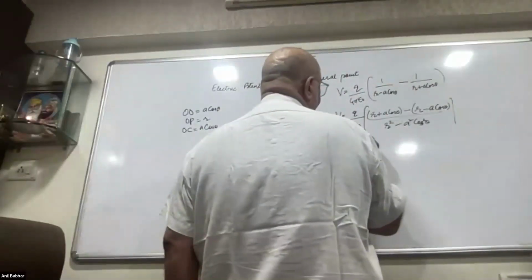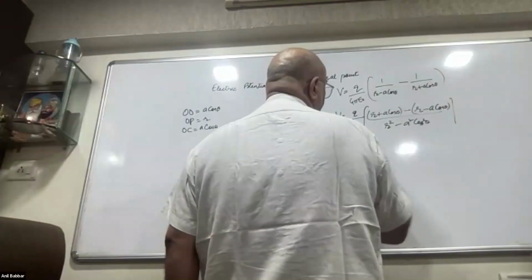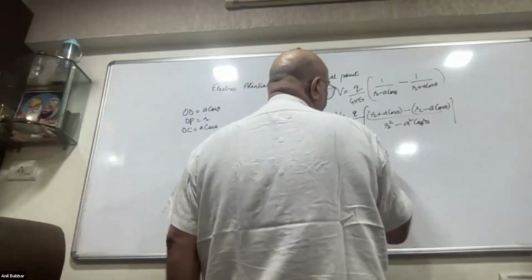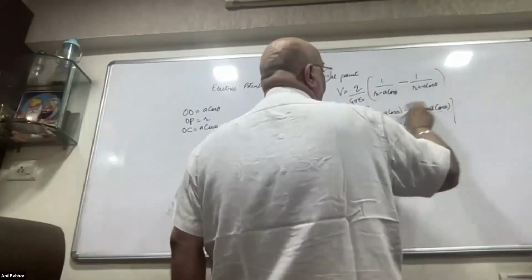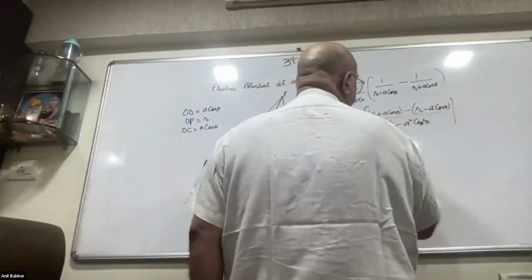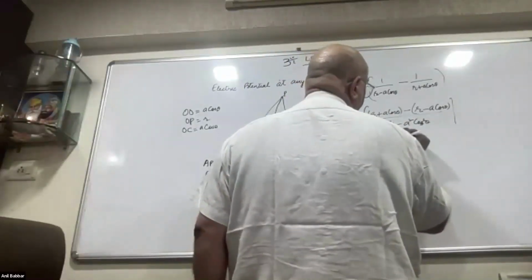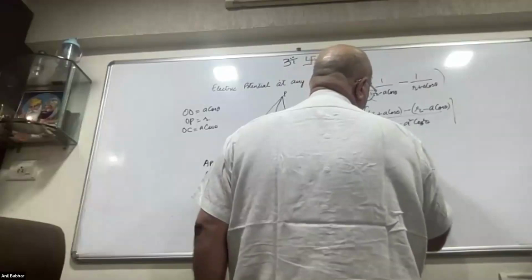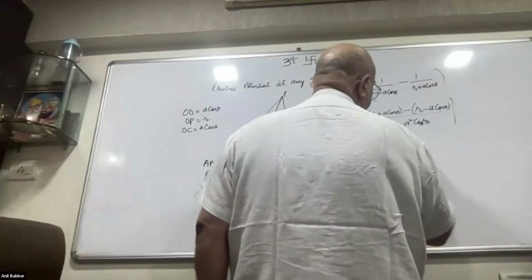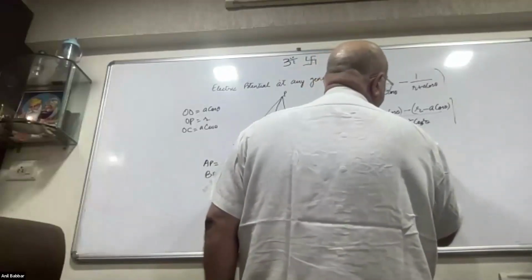When we open the bracket, V is equal to Q upon 4 pi epsilon naught. R goes with R, we are left with 2A cos theta upon R square minus A square cos square theta.